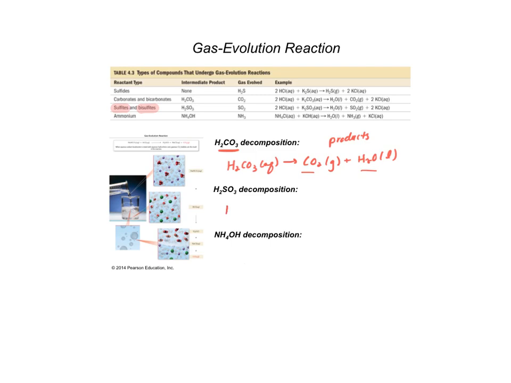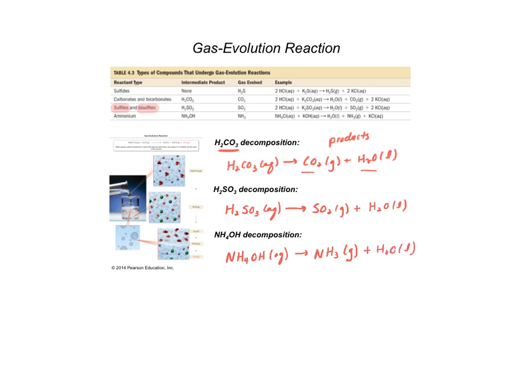You're going to produce H2SO3, which again is unstable and immediately decomposes into SO2, which is our gas this time, as well as water, which is a liquid. And then the final one that will decompose as well, if you ever produce it, is ammonium hydroxide. This is completely unstable and will decompose into NH3, ammonia, which is a gas, and then liquid water.